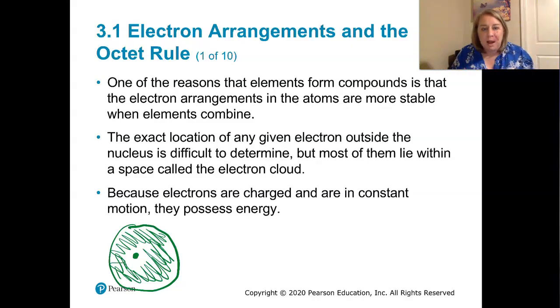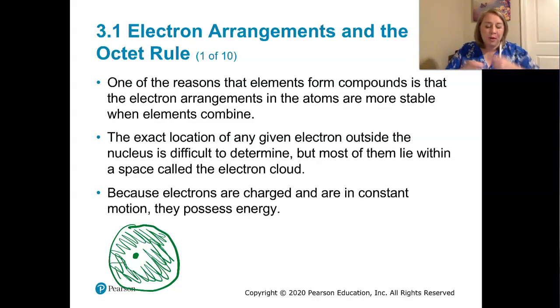When atoms combine, they're going to rearrange electrons within that cloud into a more stable configuration. That's the whole point of combining, of making compounds. When they do that, you've got to remember that electrons are always moving around, and because they're moving around, they have energy.